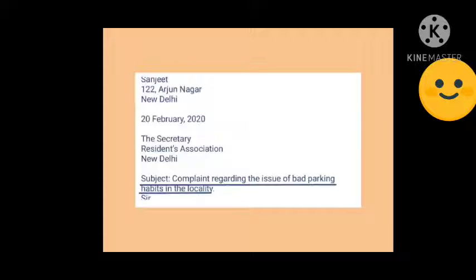And we have written the from address, space, date, some space, to address, and again some space, and we started the subject. After writing the subject matter, you had better underline it. Try to underline or highlight the content of the subject. It must be highlighted. Next, salutation or greeting.